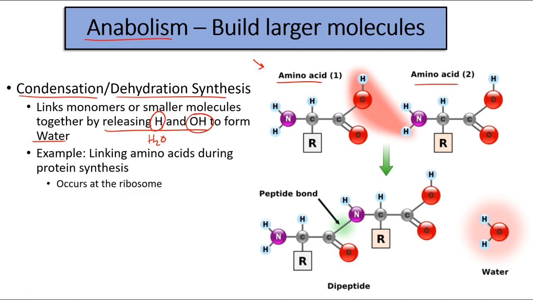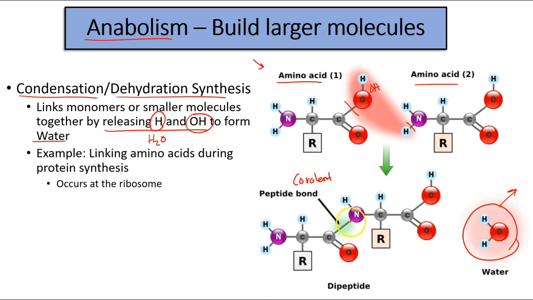Okay, and so how do we do that? We identify the OH from one carboxyl group, and we identify a hydrogen from the amino group, and when you cut those two structures off of those two amino acids and link them together, you produce a water, and because you cut off a water, they can form a peptide bond, which is a type of covalent bond because they're sharing the electrons.